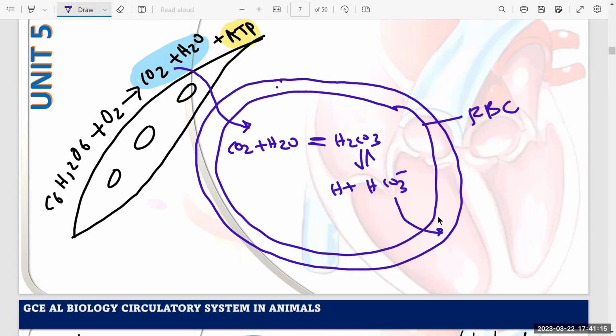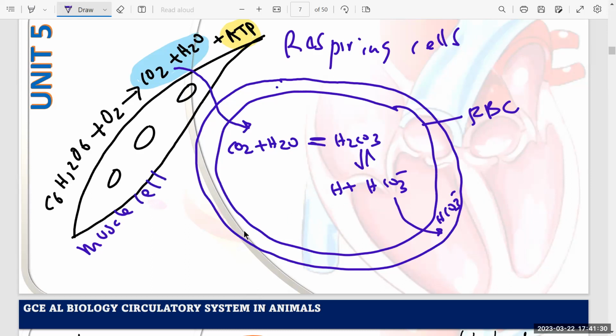Then the bicarbonate ion goes out. So this takes place in the respiring cells. This is a muscle cell. This is a red blood cell.